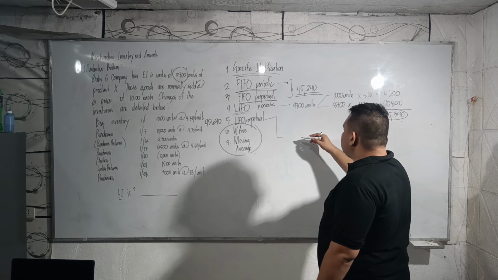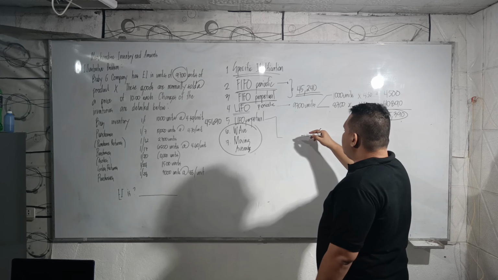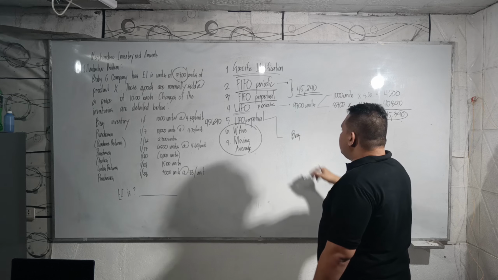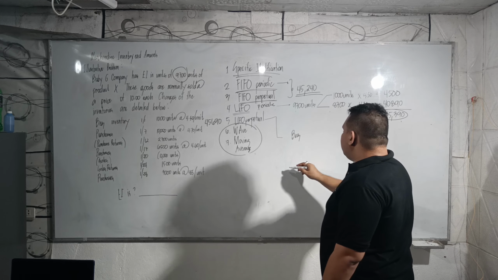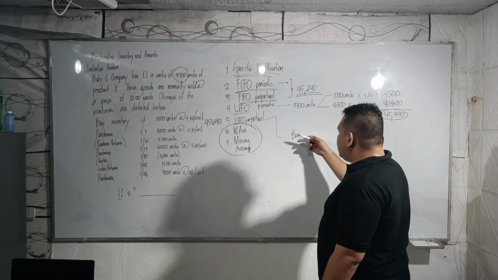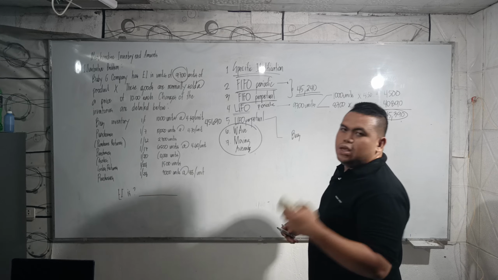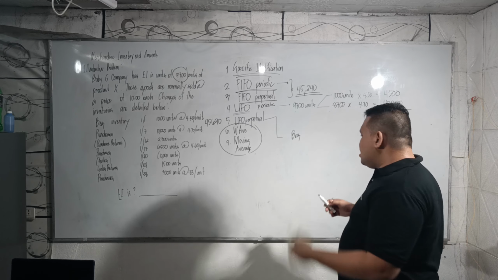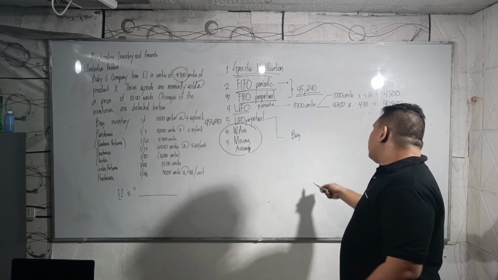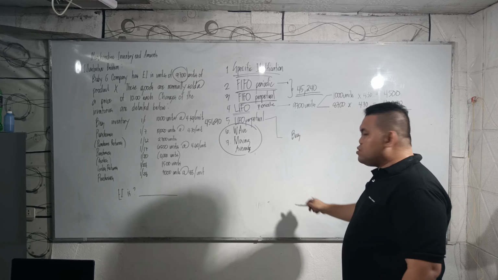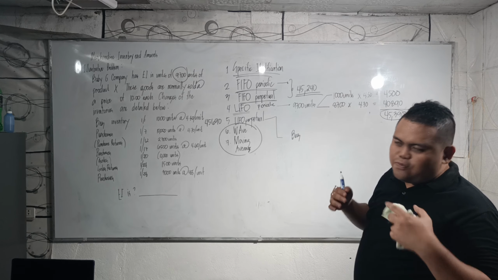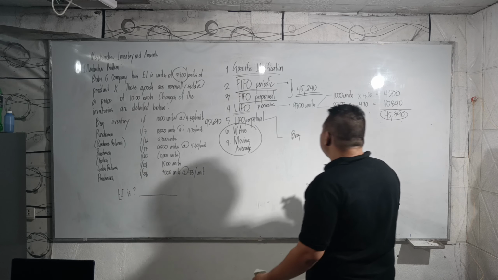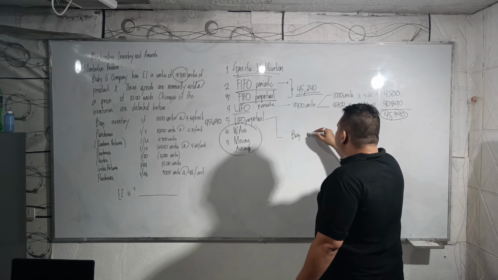So on the cost of sales, your formula will be beginning inventory, and then the net purchases, and then minus ending inventory. The beginning and the net purchases equals total goods available for sale. And then the ending inventory you deduct in order to get the cost of sales. The pattern is very similar. So what you will do in the weighted average is just do those things that I said.